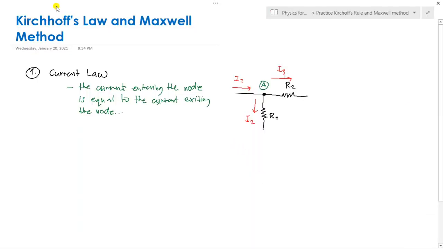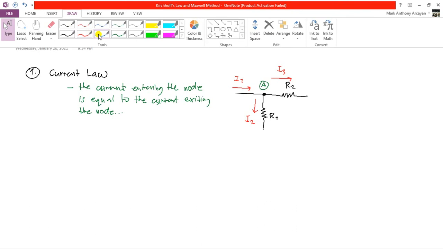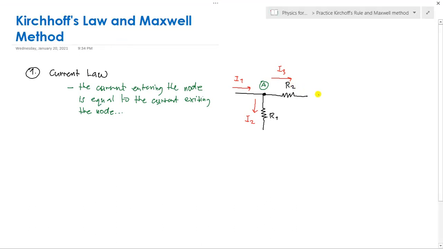This diagram can also be modeled using the application of fluid dynamics, wherein we can model this as a piping system. Let's say we have a water pipe and it branches out.